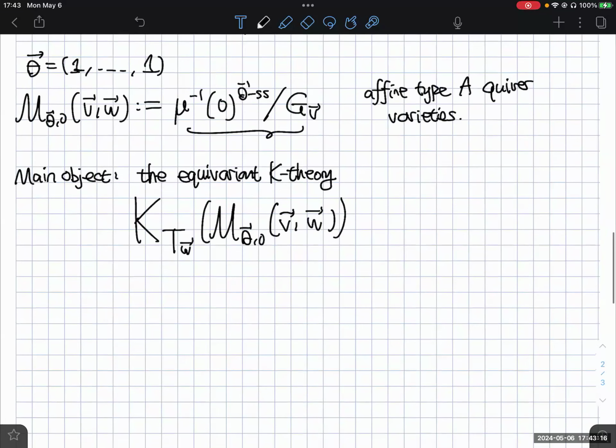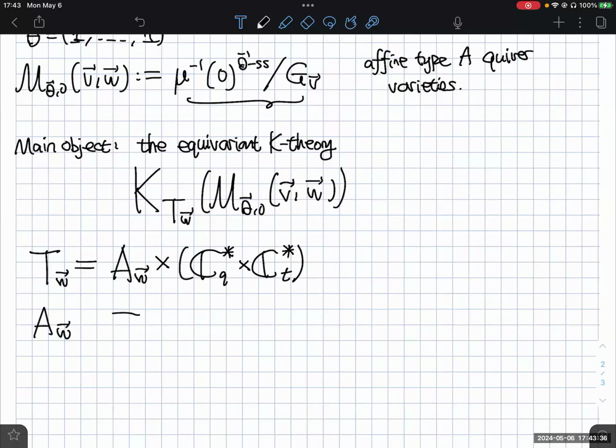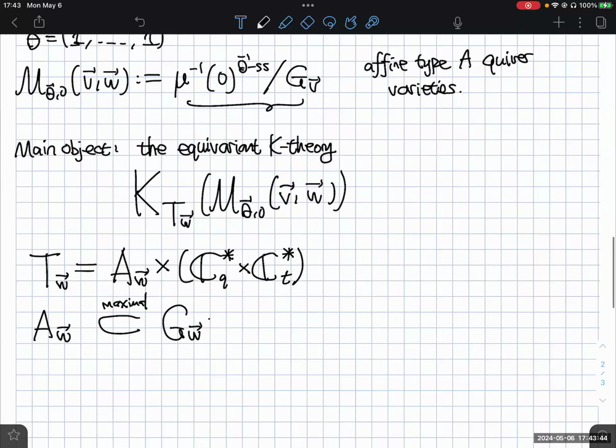And this T_W, I'm going to introduce it later. This T_W consists of A_W times C star q times C star t. Sorry, C star q and C star t. And this A_W is the maximal torus inside of the automorphism of the framing group.